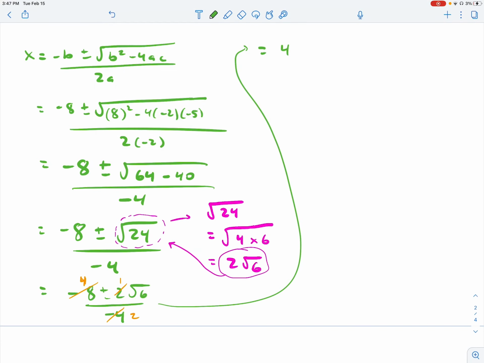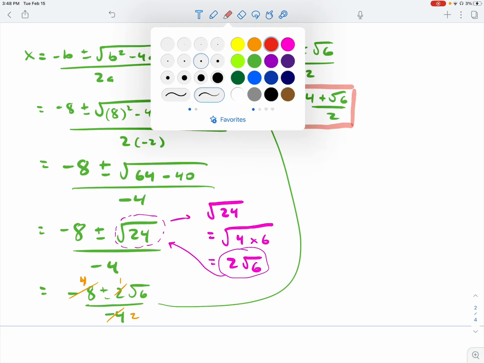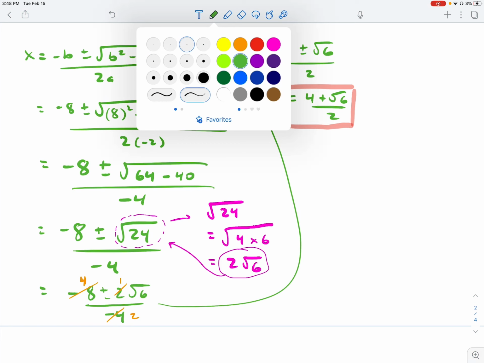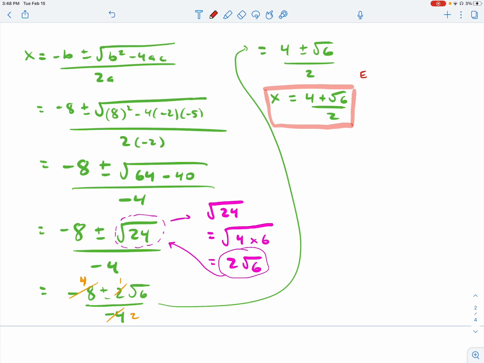So we have 4 plus or minus root 6 over 2. My first solution, now this is going to be exact, is 4 plus root 6 over 2. This is exact solution number 1. It's exact because it cannot be simplified any further.